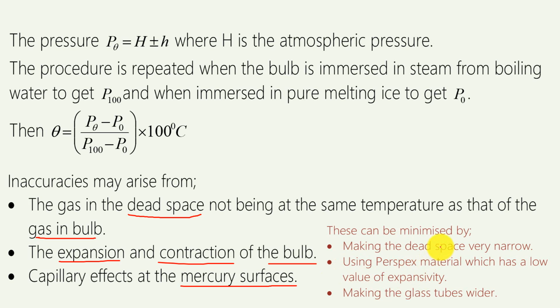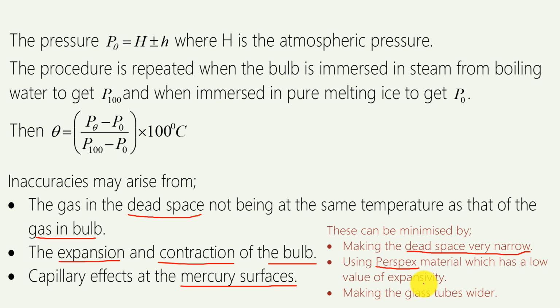Number 1, you can make the dead space very narrow so that as little gas as possible is present there. Number 2, instead of using glass, use perspex. You know that perspex has a low value of expansivity. It doesn't expand a lot.